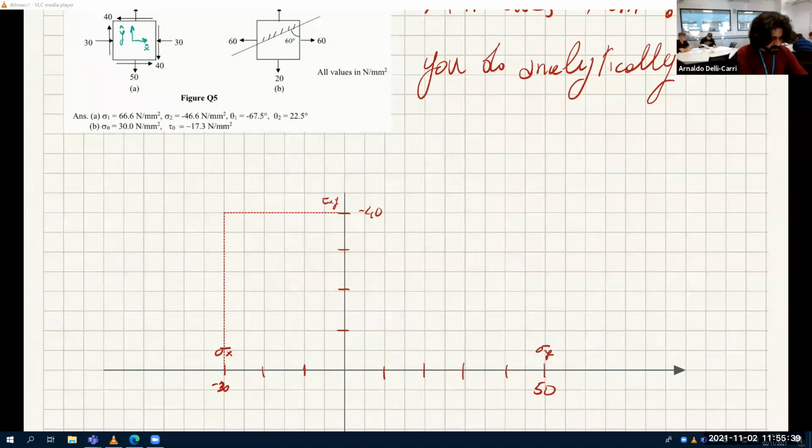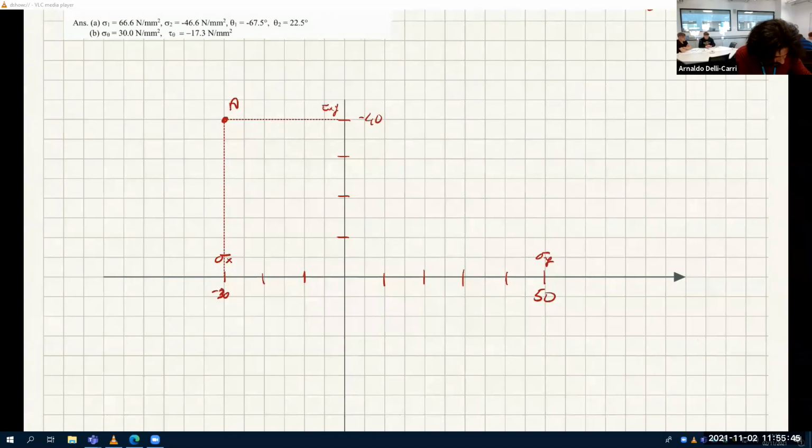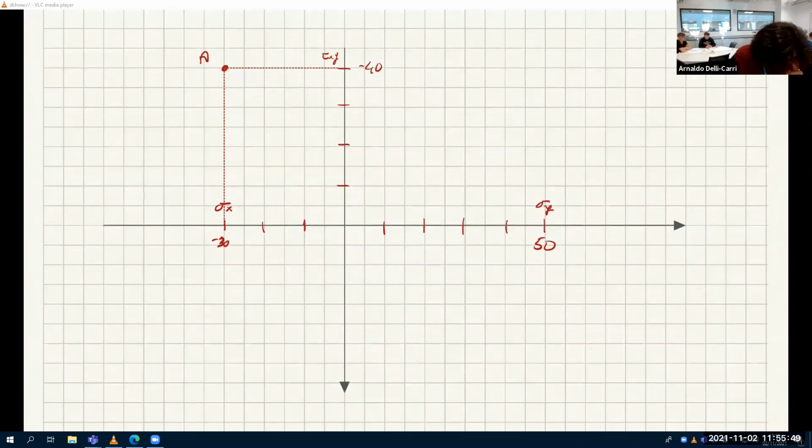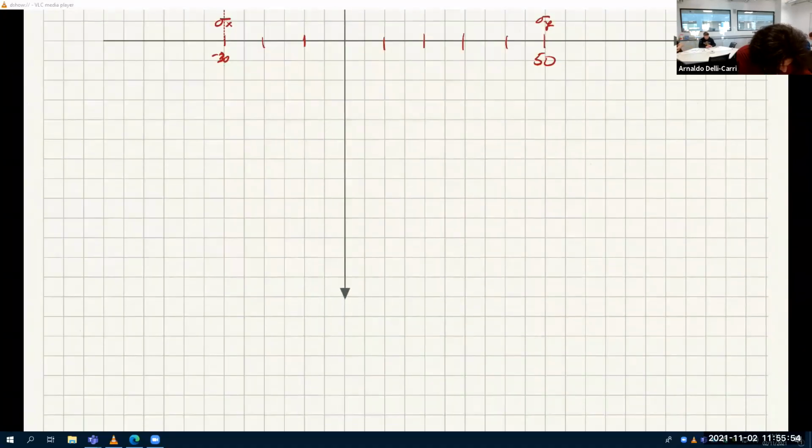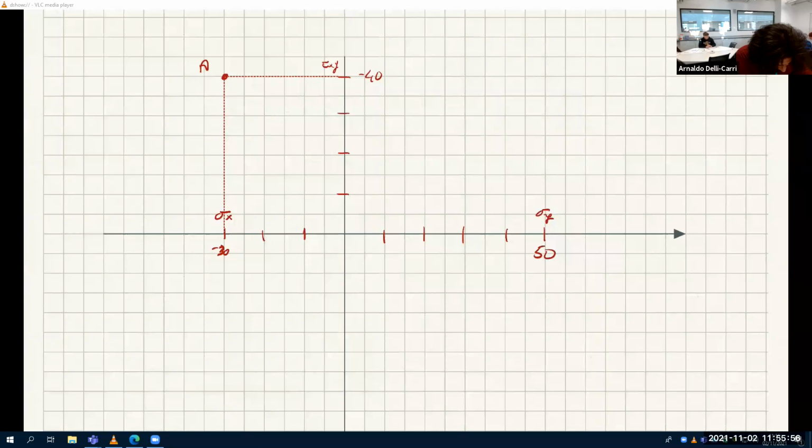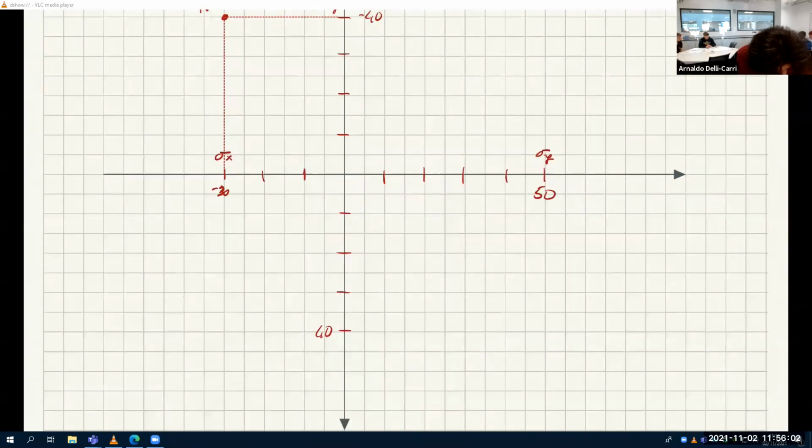So the intercept between sigma x and tau xy is point A. And the intercept between this and exactly the same on the other side. So of course you also have 40 on this side, which is 10, 20, 30, 40. This is tau yx.